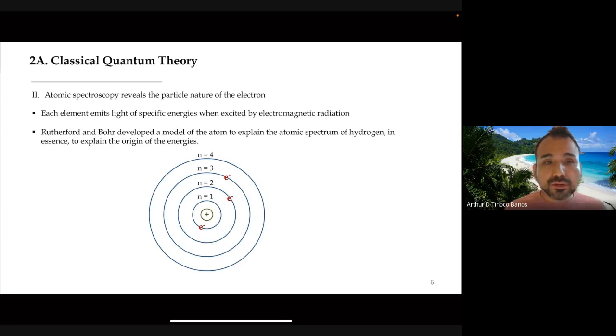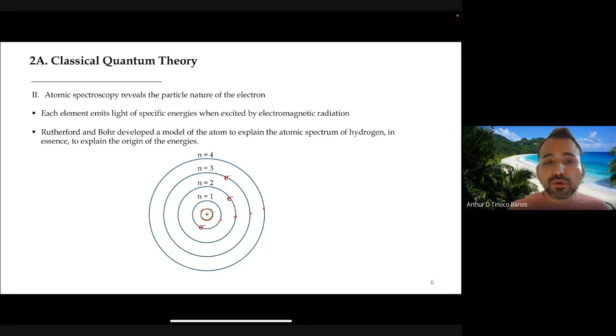All right, so here what we're looking at in this model are these orbits that exist at fixed distances from the nucleus. And so each of these orbits is labeled n equals 1, n equals 2, n equals 3, n equals 4. So these integers, all right, at a fixed distance away.